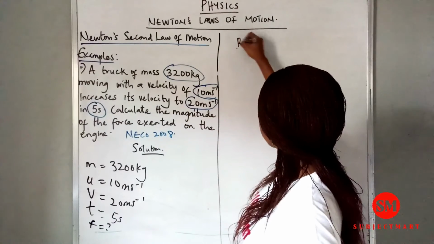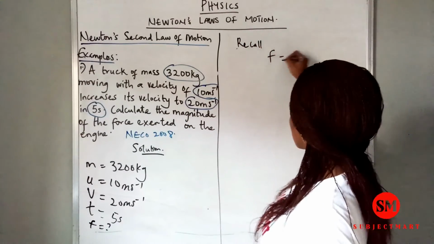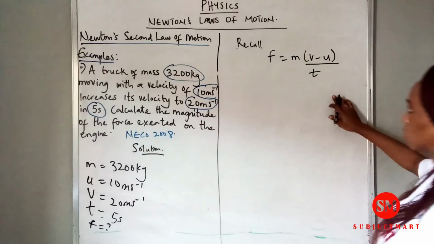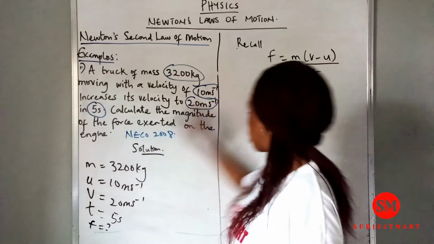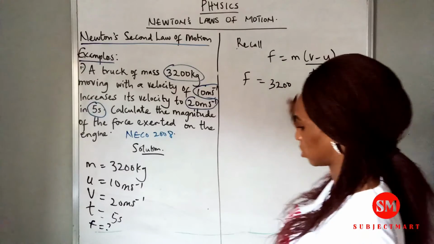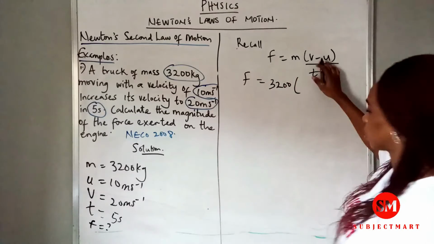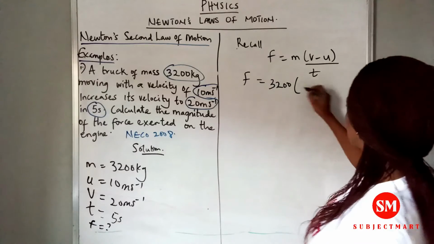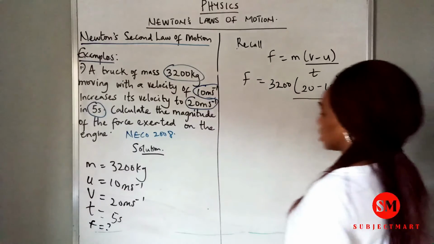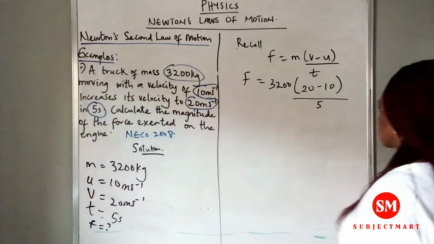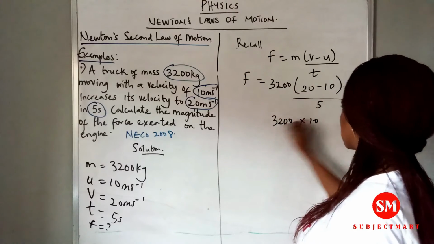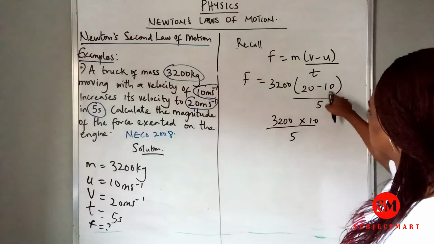Recall, F equals m times final minus initial velocity over t. So our F is equal to, the mass is 3,200, the velocity final is 20, the initial is 10, over the time is 5. So I have 3,200 times 10 over 5, since 20 minus 10 gave me 10.